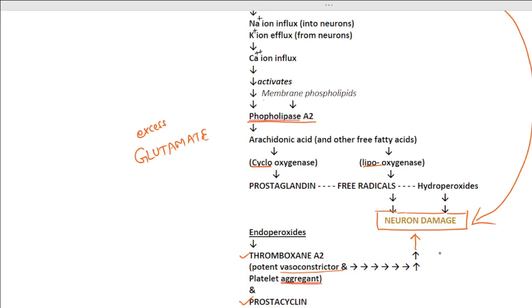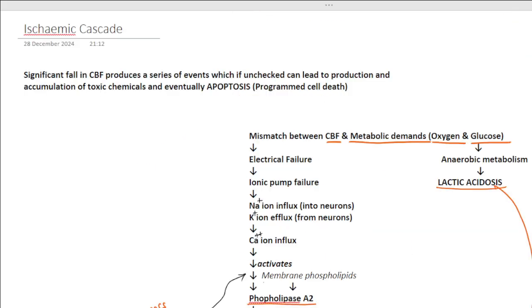Yes. So excess glutamate basically activates the membrane phospholipids and then phospholipase A2, and that's how the breakdown of arachidonic acid happens. Then you know the thing like cyclooxygenase, lipoxygenase, prostaglandin, free radicals, hydroperoxides, and ultimately leading to the neuronal damage. So you understood the role of neurotransmitters as well in the pathophysiology.